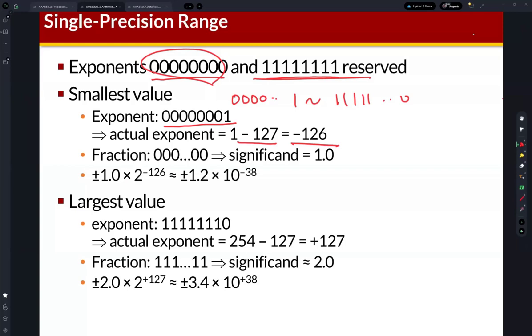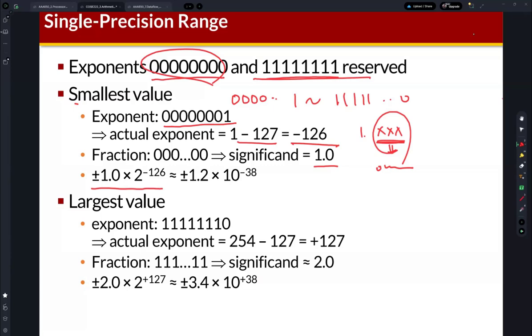And then what's the smallest number? It's 1.xxx, and the fraction part is always positive, so it's all zeros. When you consider the magnitude, the significand becomes 1.0. So this is the smallest number of single precision floating point.